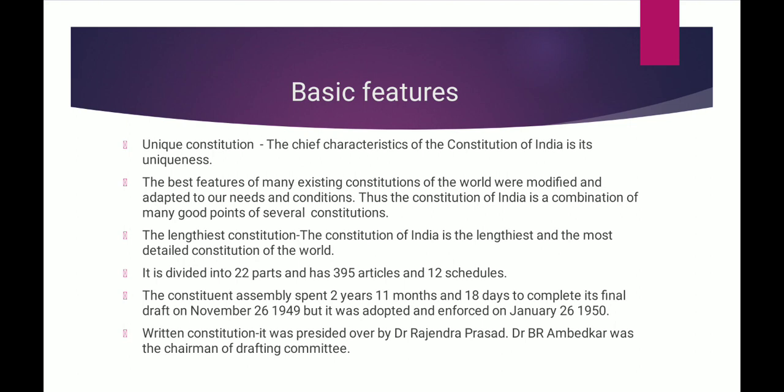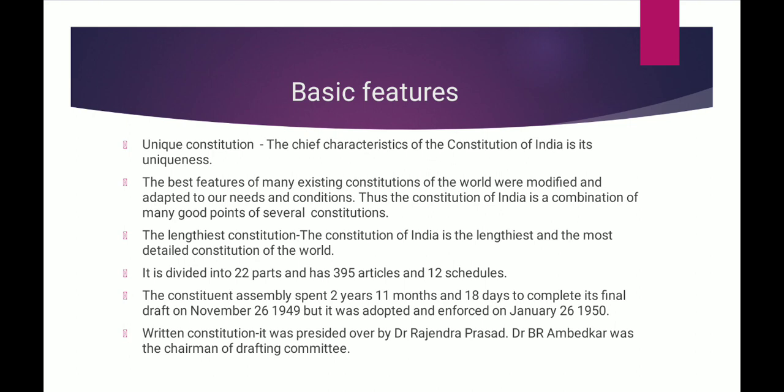Thus, the Constitution of India is a combination of many good points of several constitutions. At the same time, the needs and aspirations of the people were also not ignored.